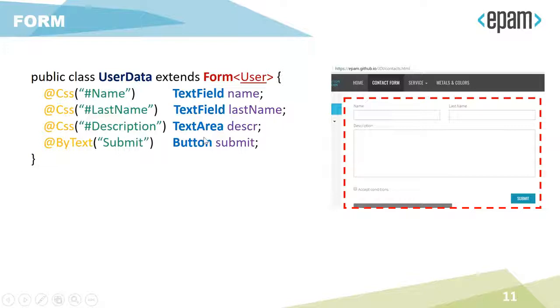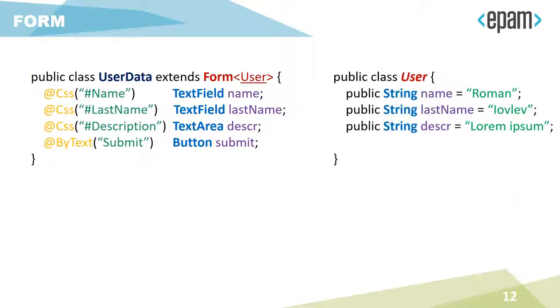I hope in a lot of projects we have too many different forms, and this ability really helps to operate with forms much faster. So let's look at how we can operate with forms.